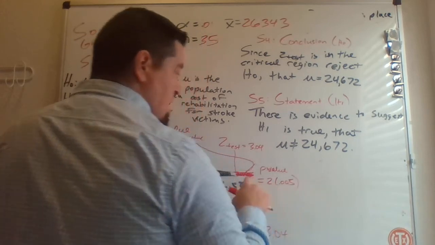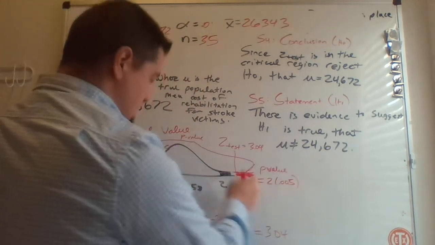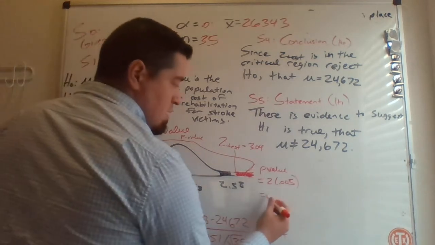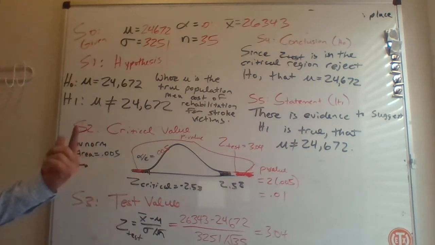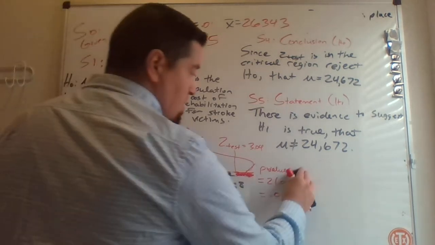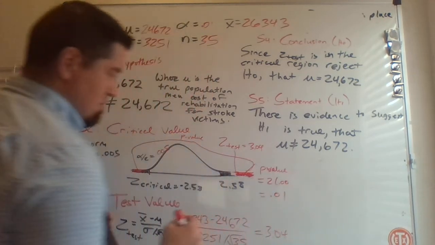Because if I do normal CDF from 2.58 to infinity, I get 0.005, but times two sides, that's going to give us 0.01. Okay, now what was alpha? Well, I'm going to have to be more stringent here, because alpha, let me use more decimals here, and this one's going to be an interesting one because it just cuts it.